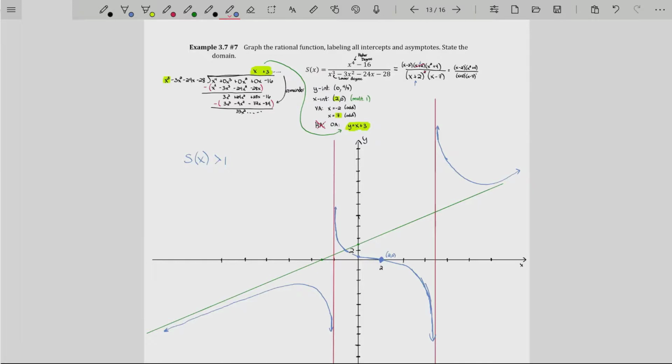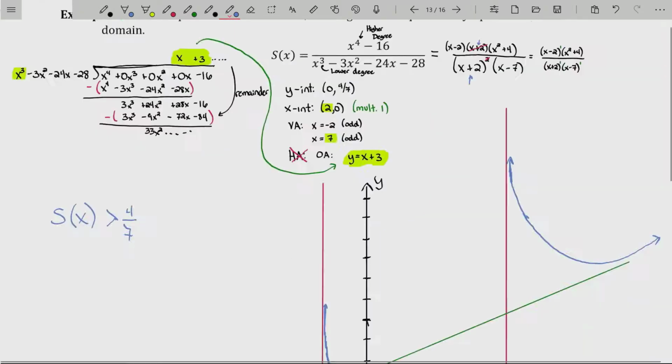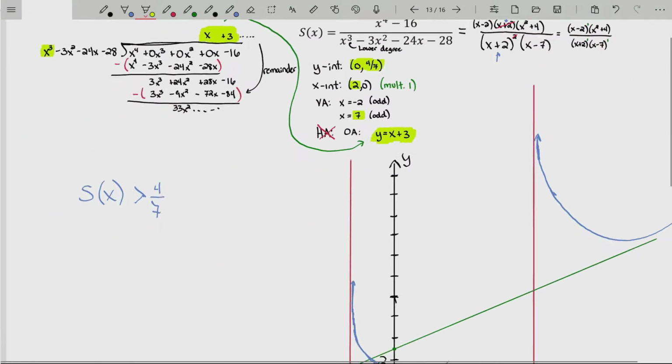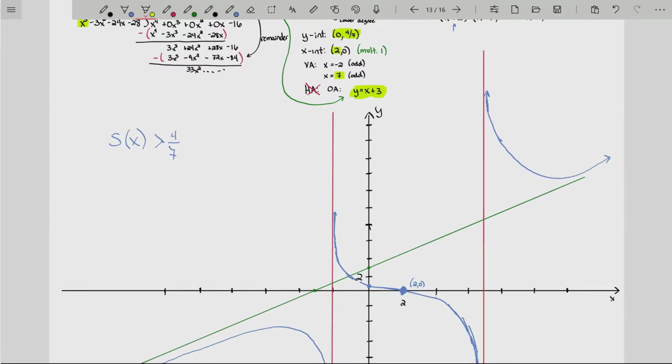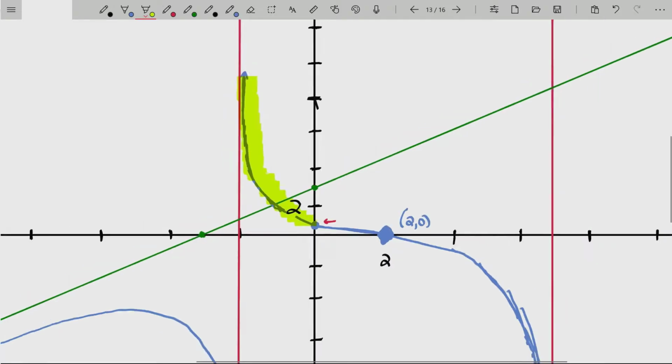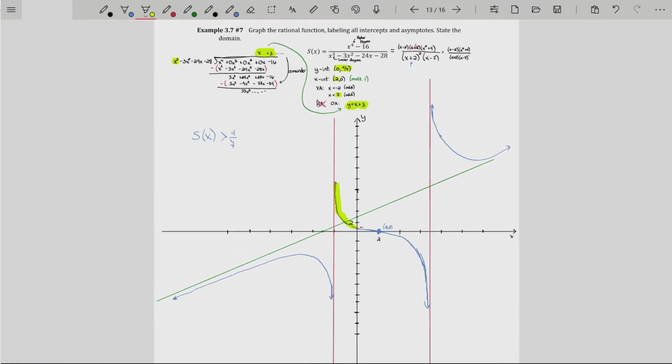I could, I guess, ask, when is this function greater than 4/7? The only reason why I would ask that, though, is because the y-intercept for this function is at a height of 4/7. And if you look at your graph, if that's a height of 4/7, then you know that all of these values here are above that height. And by the way, so are these.